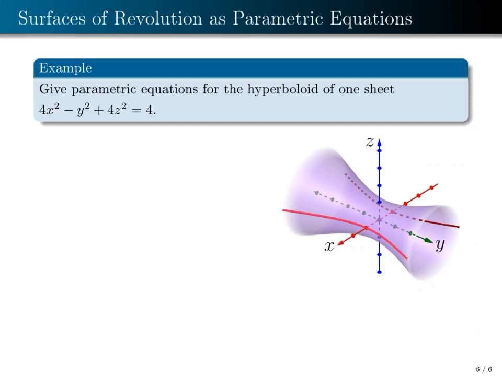Notice that the curve is half of the hyperbola, which is the xy trace of the hyperboloid. The xy trace of the hyperboloid is the hyperbola 4x squared minus y squared equals 4. And so, this curve, which lies on the portion of the xy plane where x is positive, has equation x equals 1/2 of the square root of 4 plus y squared.